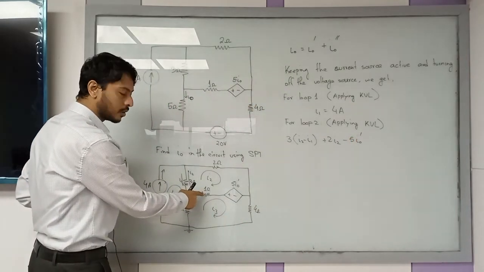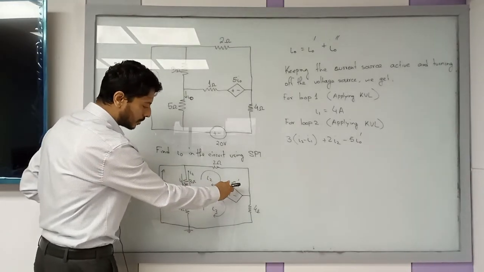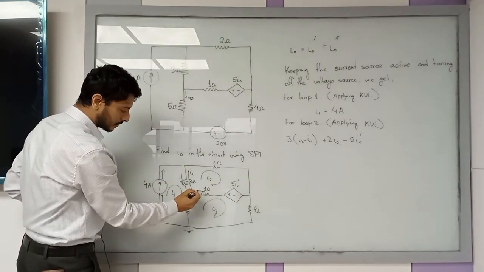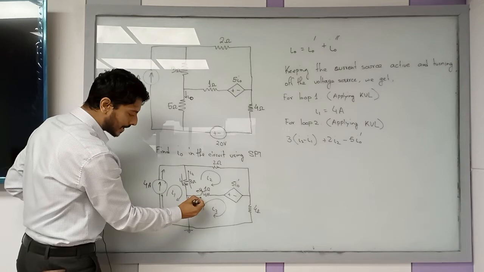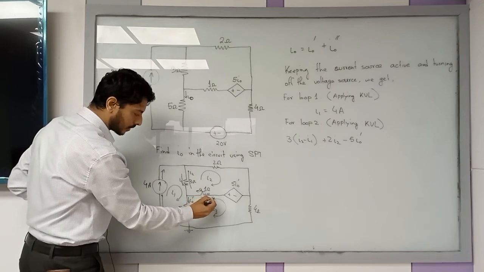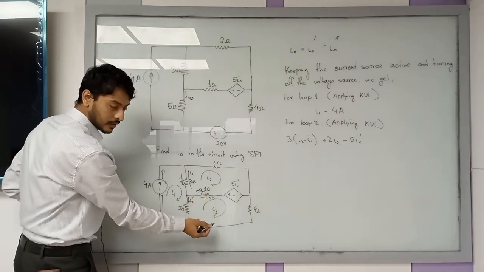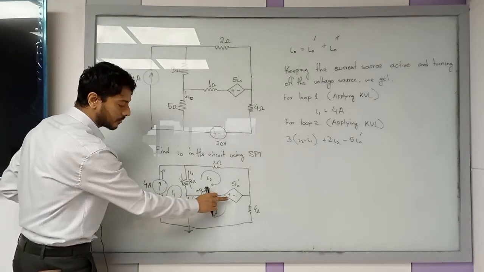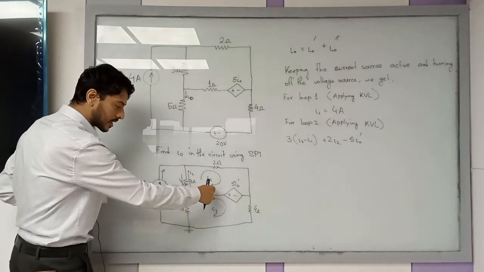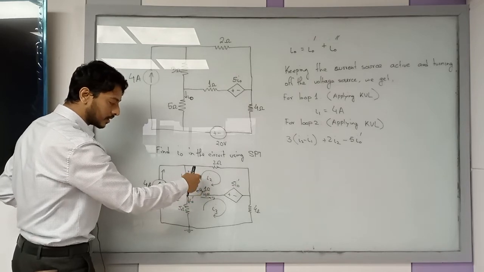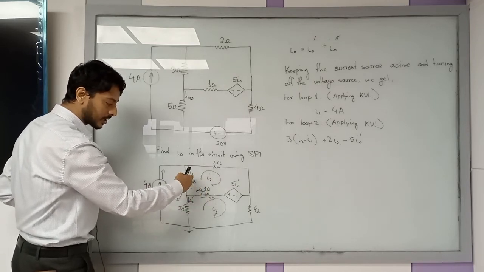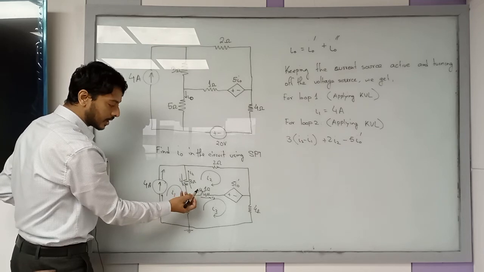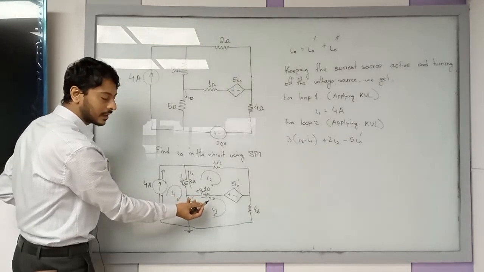And there is a 1 ohm resistor over here. I2 is flowing in this direction, and I3 is flowing in the reverse direction. The resultant current should be I2 minus I3 in this direction, since I2 is bigger than I3.